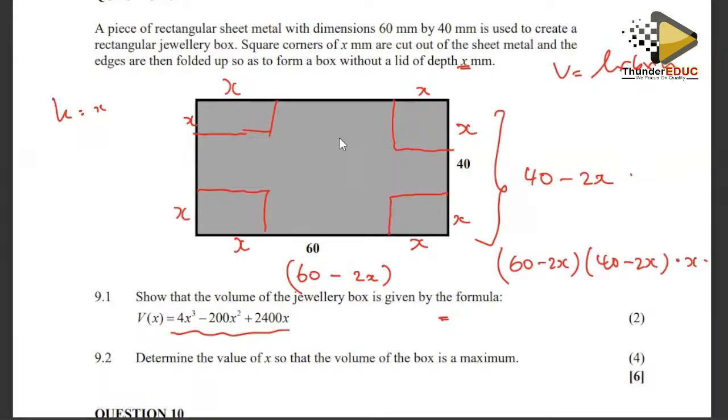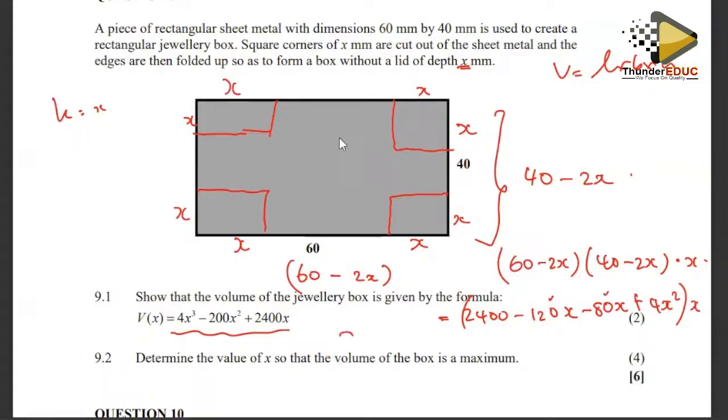So 40 and 60 is 2400. This and that is minus 120x. It's 120x. That is minus 80x plus 4x squared. All of this is inside of x. So 120 and that's a 200.